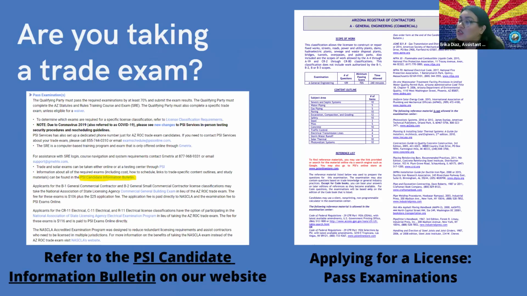And this is where we will go into that testing material. So when you are taking the trades exam, we do advise to refer to the PSI Candidate Information Bulletin. This information bulletin goes deep into each classification on how many questions there are, the subject areas, the time you are allowed on the exam. This is your best tool to better prep you for that trades exam. It does go over the references that are allowed, so you know which items you need to study and which ones are not allowed that you can bring into the testing sites.